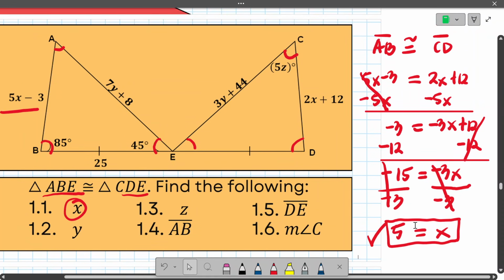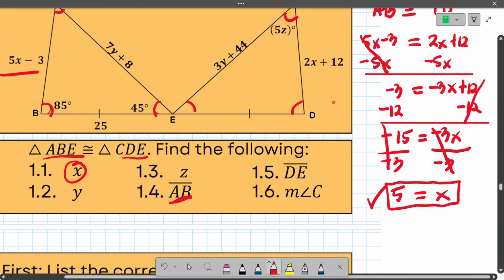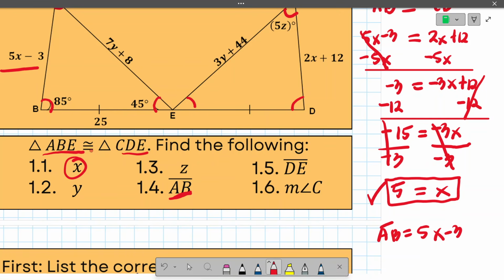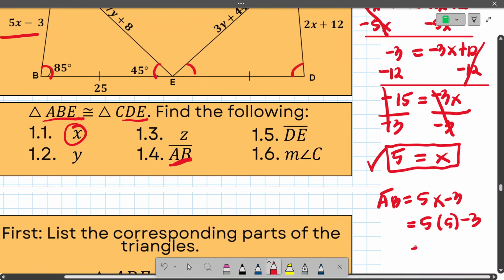And saan ba yun? We are told also to find side AB, no? Si side AB po ay, ano ba? Ano ba yung expression ni side AB? Si AB ay 5x minus 3 here. So, i-substitute lang natin si 5 to the x, no? So, 5 times 5 minus 3. That will give you the 25 minus 3.